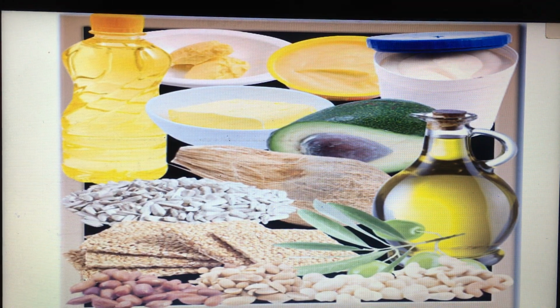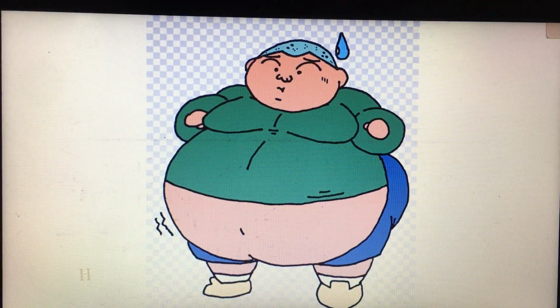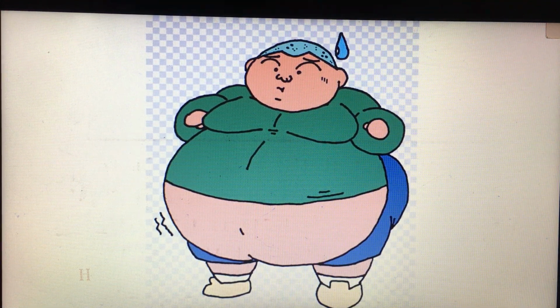But eating too many fatty foods is bad because this will harm our bodies and makes us overweight. So again, we have to eat some fatty foods to keep us warm and to give us energy, but eating too many fatty foods will make us overweight.